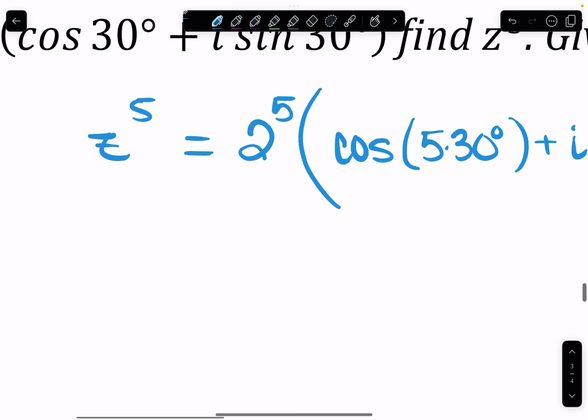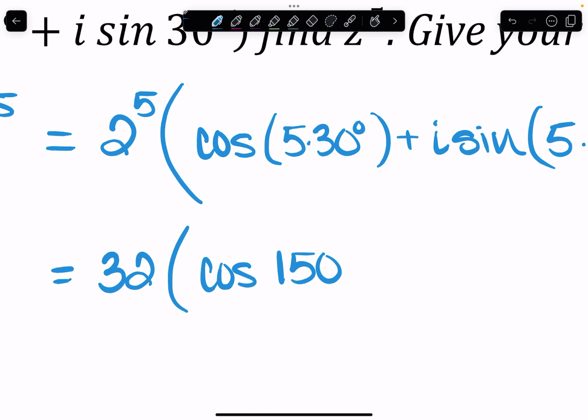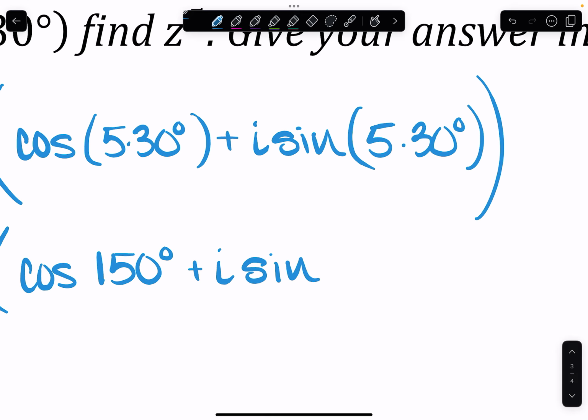So that gives us 2 to the 5th, 32, times cosine of 150 plus i sine 150.